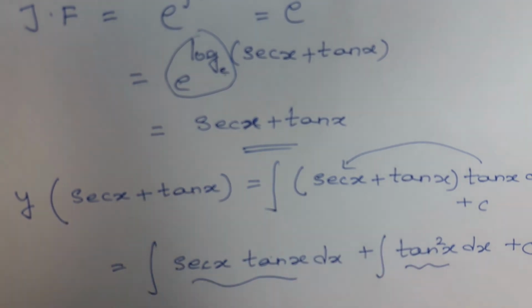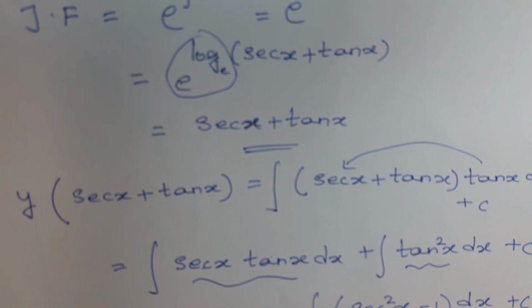Okay. Now to integrate tan square x, what will I write? I can write tan square x as secant square x minus 1. Okay, correct? Using the trigonometric relation. Now, integration of secant square x is tan x.